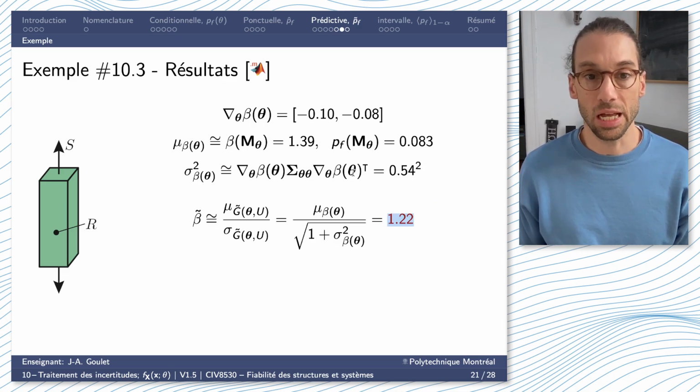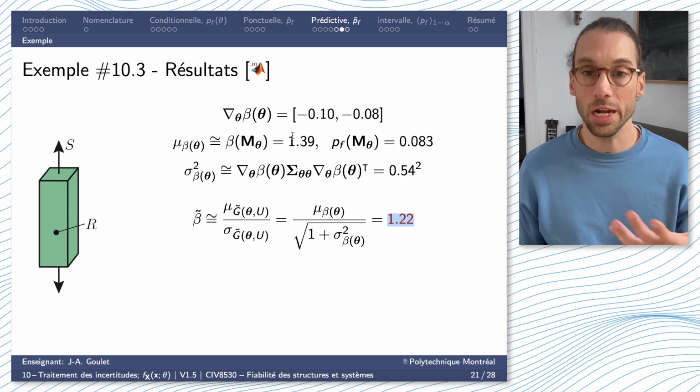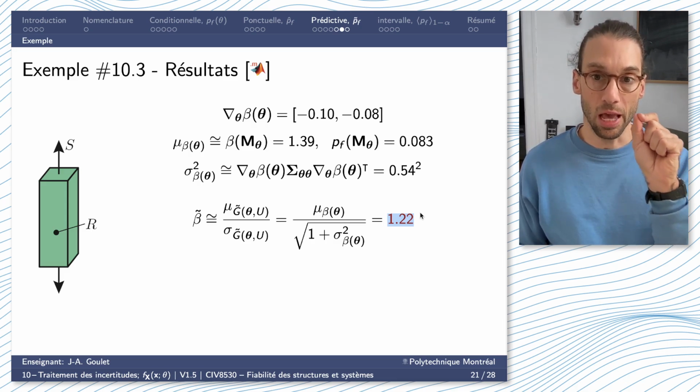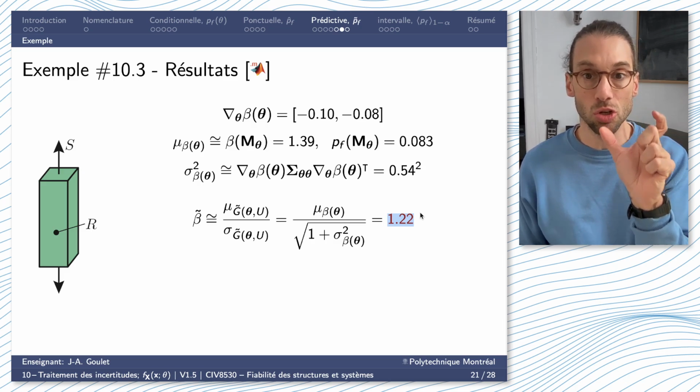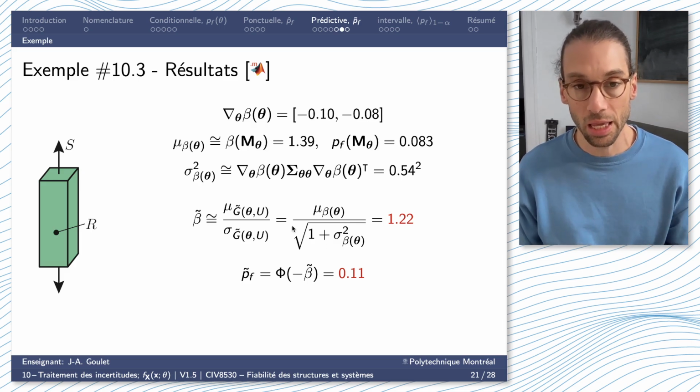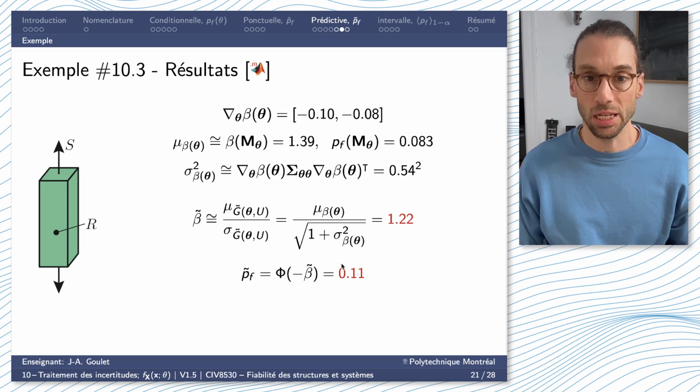And what we see is that if we just take the point estimate, the beta evaluated at the mean value, I get 1.39. I get something slightly smaller here because I include not only the expected value, I include the uncertainty associated with my parameter value theta. My predictive failure probability is 0.11.